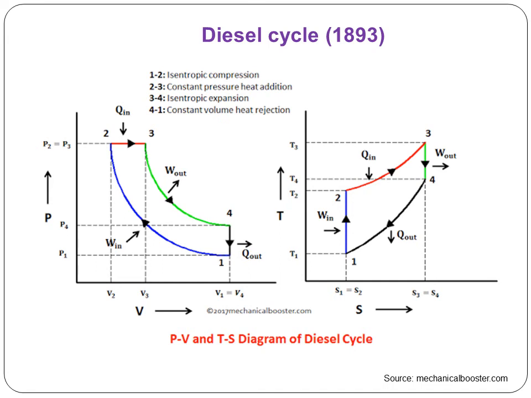So there is compression from 1 to 2. This is reversible adiabatic process or isentropic compression. And 2 to 3 is the heat addition process, during which the source is brought in contact with the cylinder head and heat is being transferred from the source to the air, which is the working substance in the cylinder.